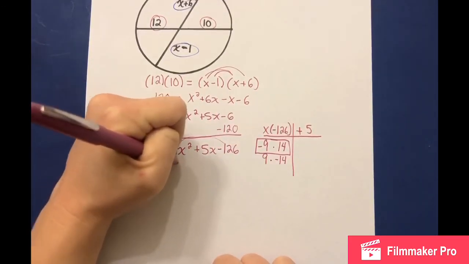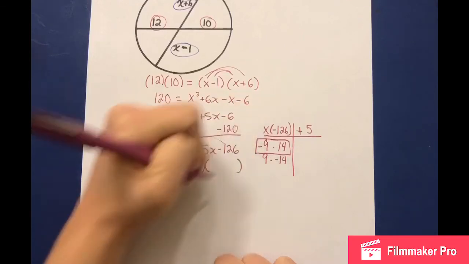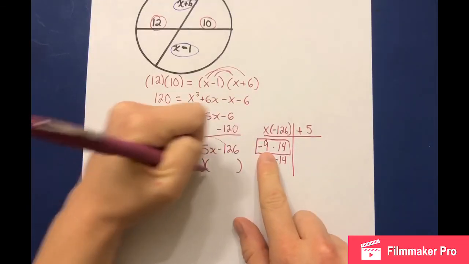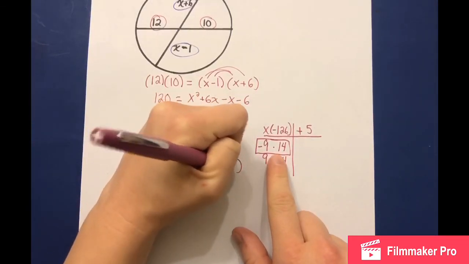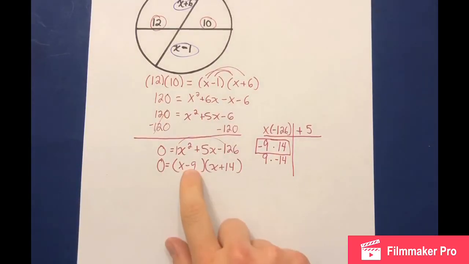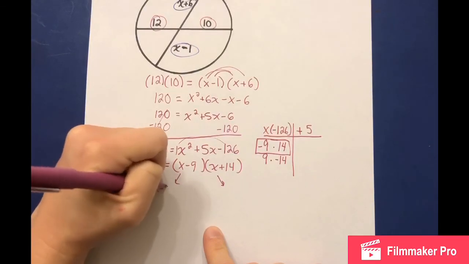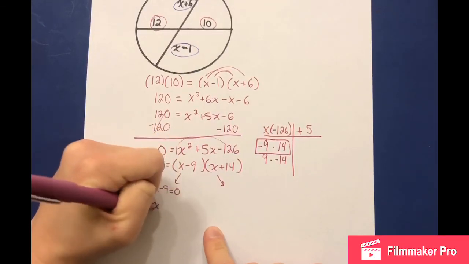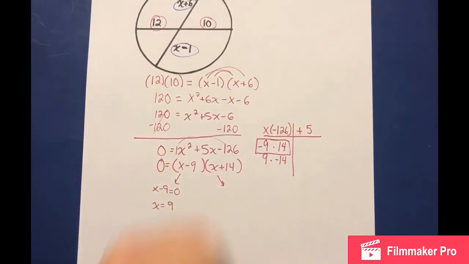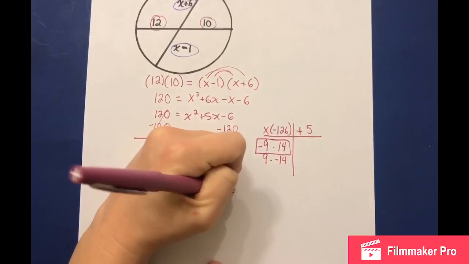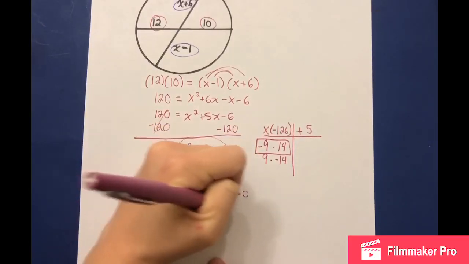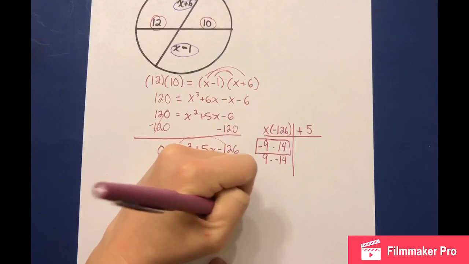I have 0 equals x minus 9, x plus 14. Set each of them equal to 0. I get x minus 9 equals 0, x equals 9, x plus 14 equals 0, x equals negative 14.